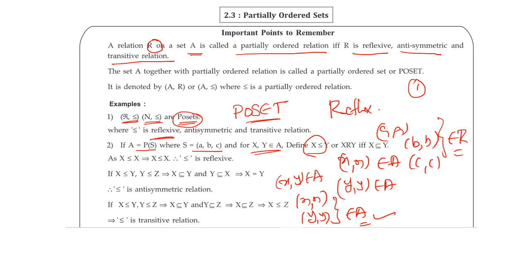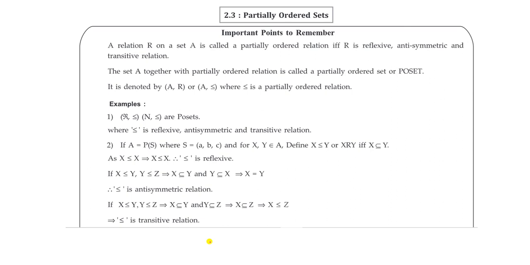And the next one, antisymmetric. What is the condition for antisymmetric? See that condition: (x, y) belongs to R, (y, x) does not belong to R. That is the condition for antisymmetric.